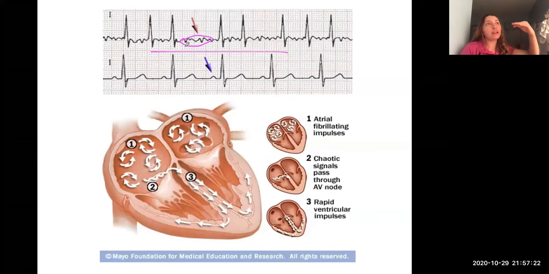But in the case of it being completely blocked, the Purkinje fibers are the ones that initiate contraction of the ventricles. So you get a lot of this, but only a few ventricular contractions. And that's really bad because we need the ventricles to contract or we don't get enough.